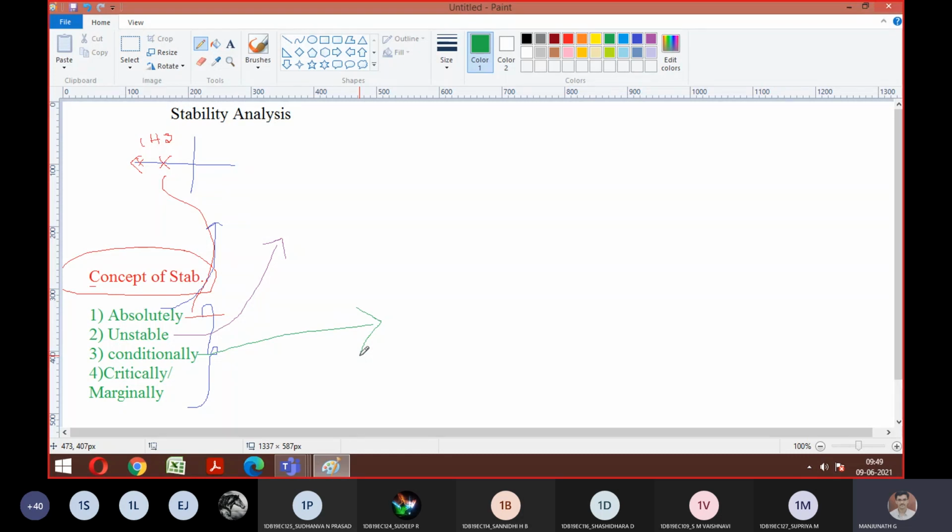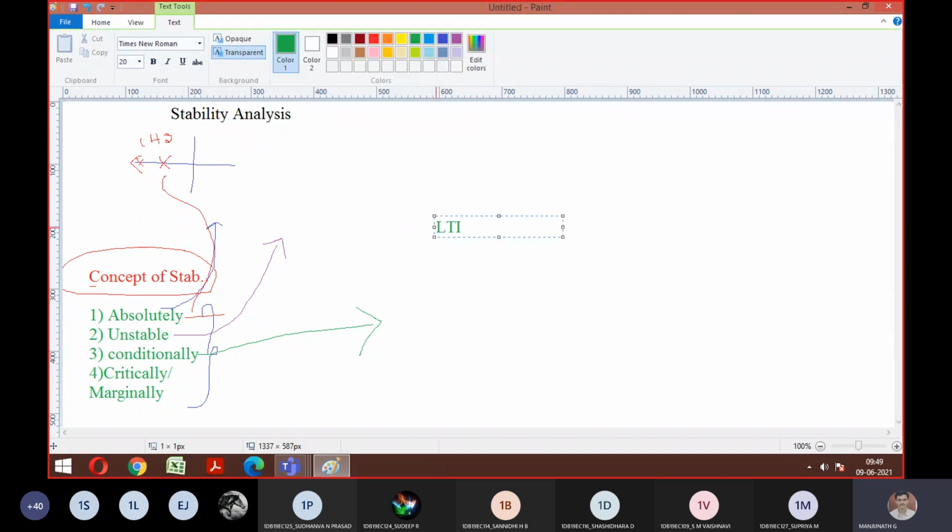A linear time invariant system. I hope everyone remembers this concept from your signals. LTI system. Can anyone tell me what is the meaning of this? Because you have learned this in signals. What is the meaning of a linear time invariant system?